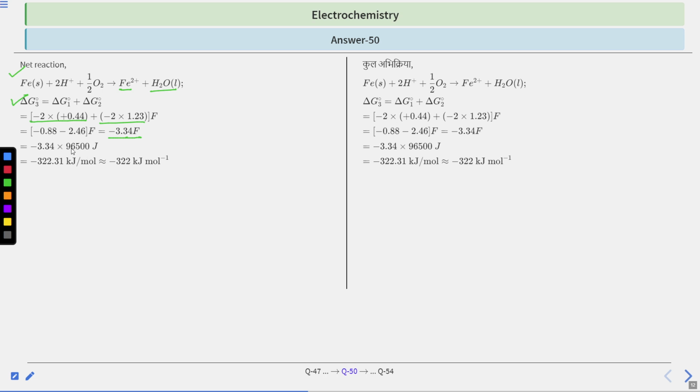So 1 Faraday will be 96500. It will be minus 3.34 times 96500 joule. We convert it into kilojoule and it will be minus 322.31 kilojoule per mole, which you can write as minus 322 kilojoule per mole, right?